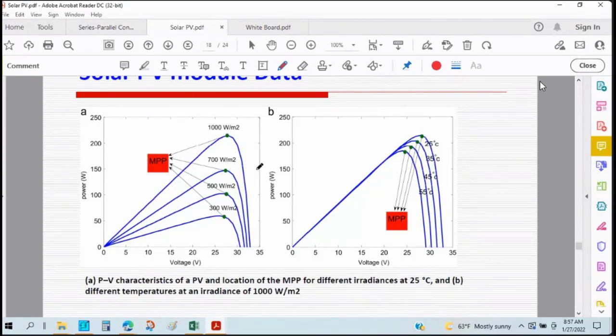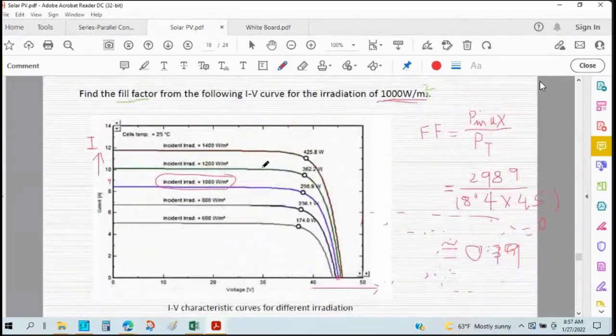What will be the unit of fill factor? There is no unit for the fill factor because it's the ratio of the same quantity, same power. So it's unitless.